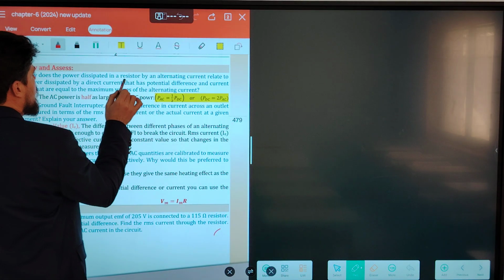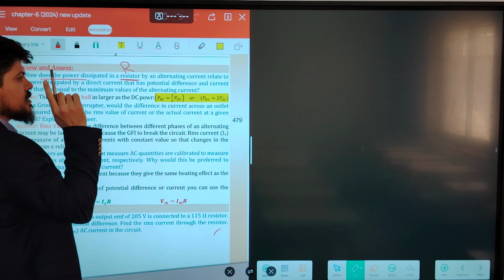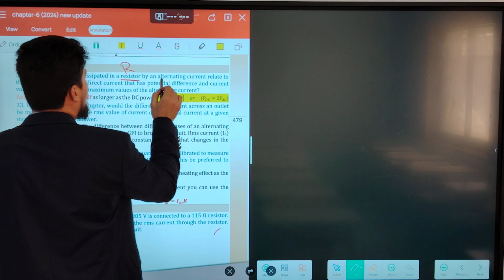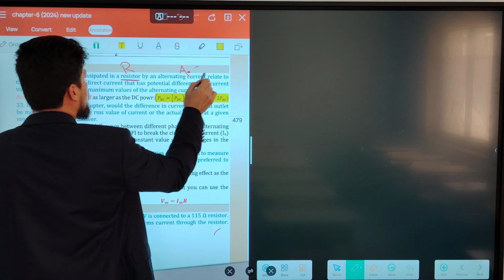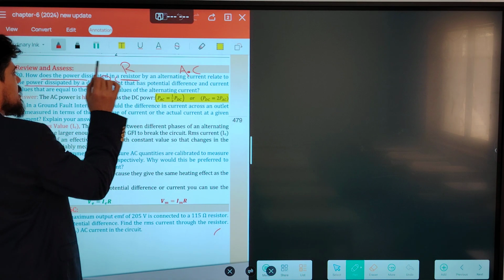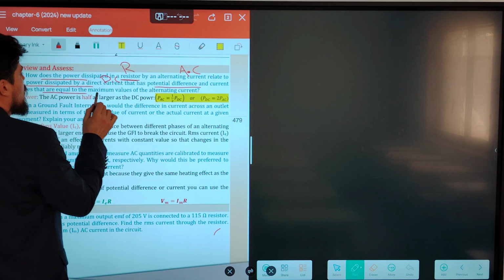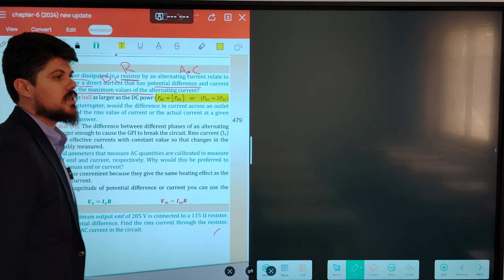How does the power dissipate? In what? In a resistor. Power is usually dissipated in a resistor. Be careful. Relate the power dissipated by an alternating current, AC, to the power dissipated by a direct current, DC, that has potential difference and current values equal to the maximum values of the alternating current.